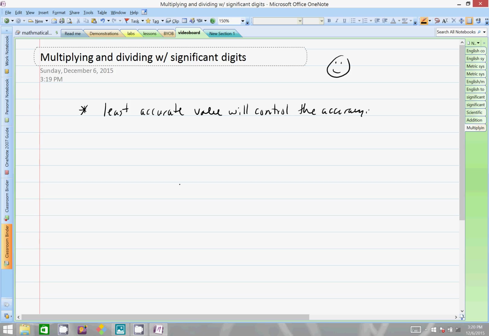So, for example, if you have a very precise number, let's say you have measured with a very sophisticated graduated cylinder, and this particular value here is 50.05 milliliters, and you want to multiply this value or divide this value by some other entity.